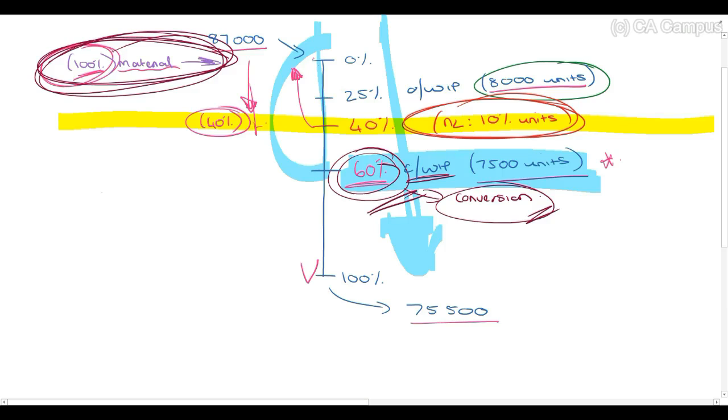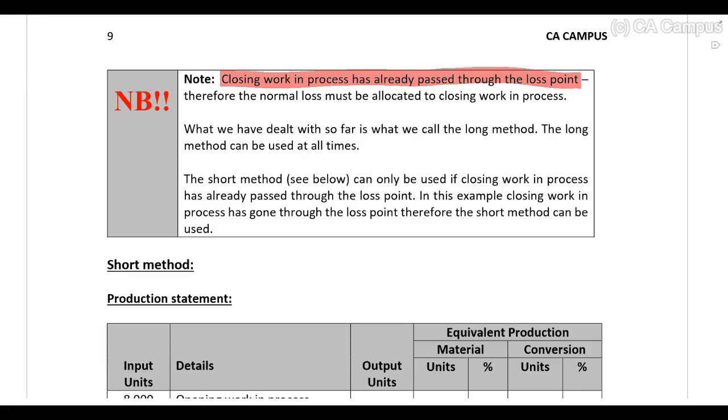So because my closing work in process passed through the loss point in the current period, I am now allowed to use the short method. That's the one thing I want to highlight to you. The short method can only be used if closing work in process has passed through the loss point. So in this example, we can use the short method.